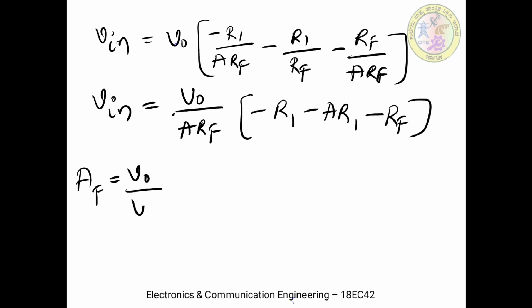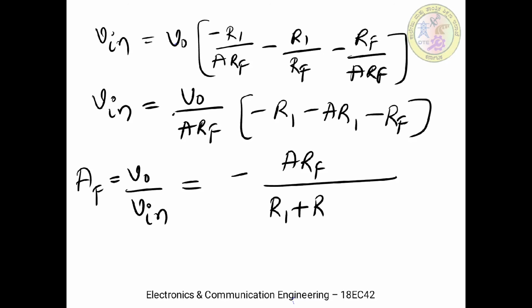So AF equals V0 by V in, which is equal to minus A RF divided by R1 plus RF plus A R1. We will call it equation 5. This is the exact equation for the gain.